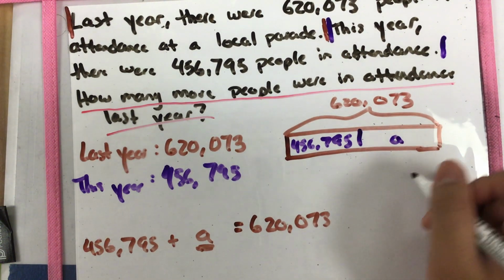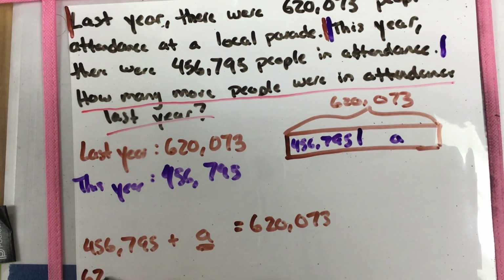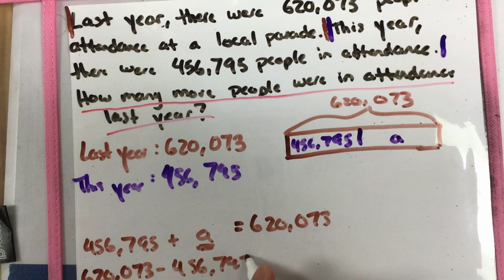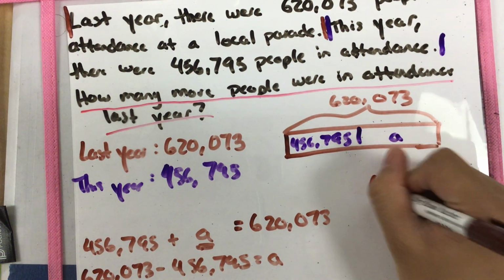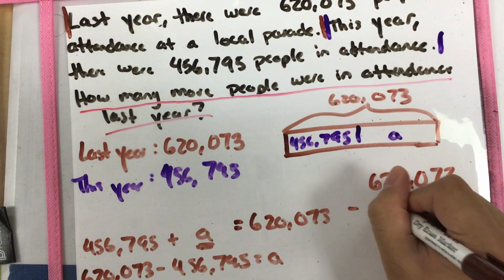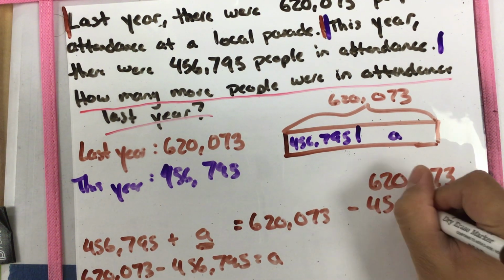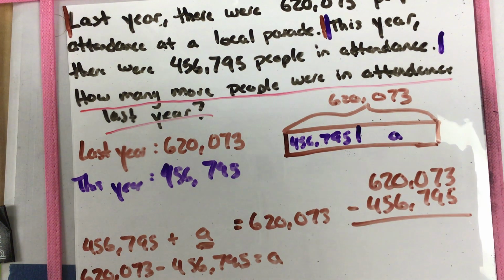So we could actually subtract from 620,073 to get A. So it'll look like 620,073 minus 456,795 equals A. So if we write it out, we should see it like this. And let's try to solve it.